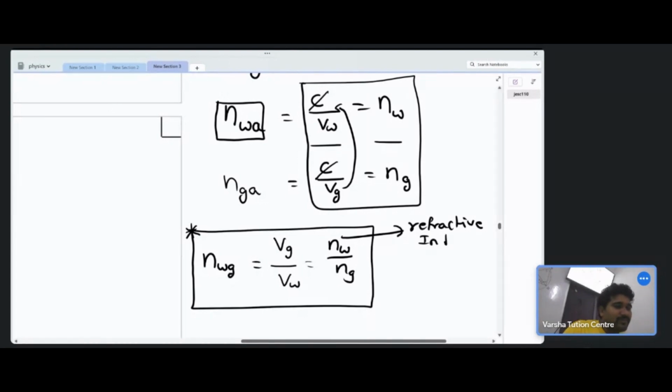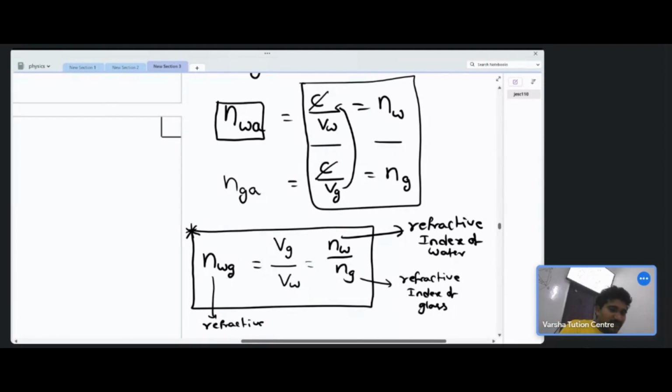So tell me, this is the refractive index of water. Correct? Then what is this? Tell me. Refractive index of glass. What is this? Tell me.